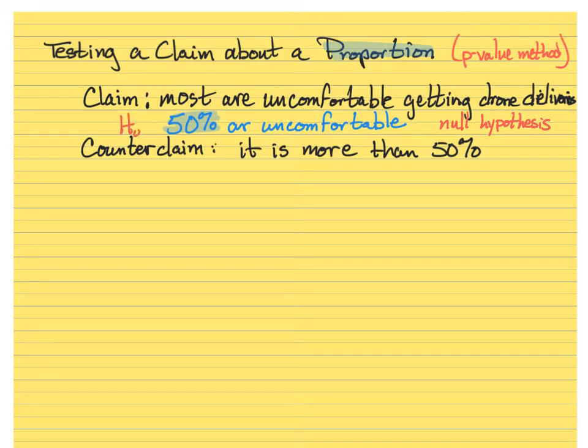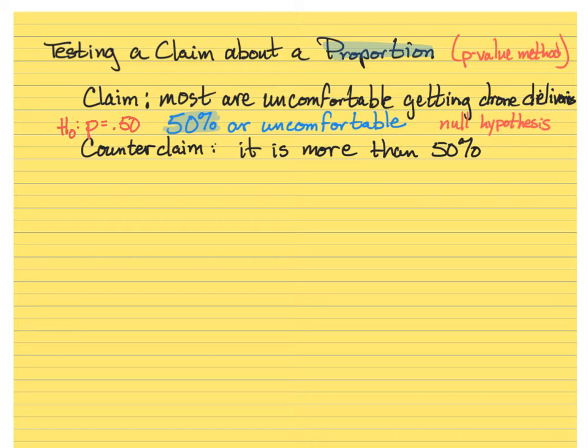And the notation we use is H sub 0. We'll write it in symbols: H sub 0, that's your null hypothesis, is that P equals 0.50.